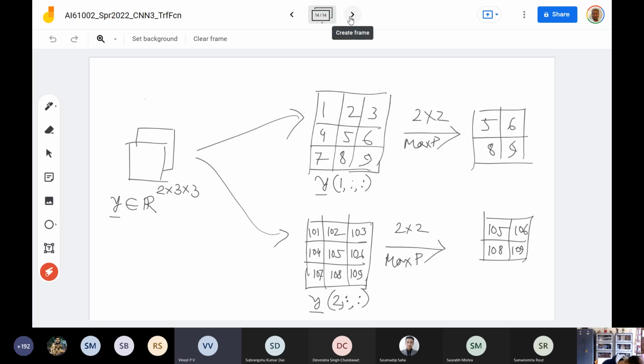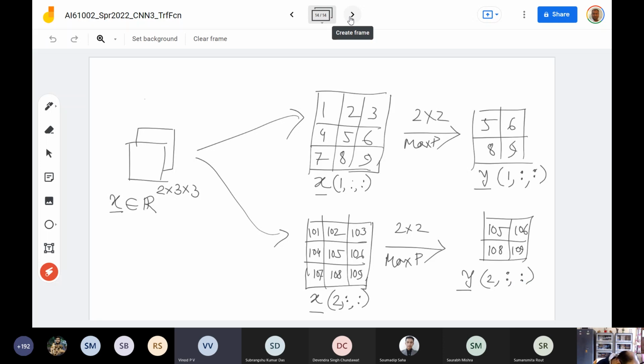Why did I write it as Y? This is going to be X, because that is an input. So my input is always going to be X. So this one becomes my Y of 1, comma, colon, comma, colon. And this becomes Y of 2, comma, colon, comma, colon, over all the elements over there.